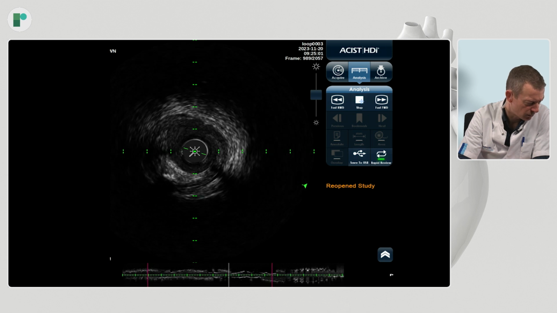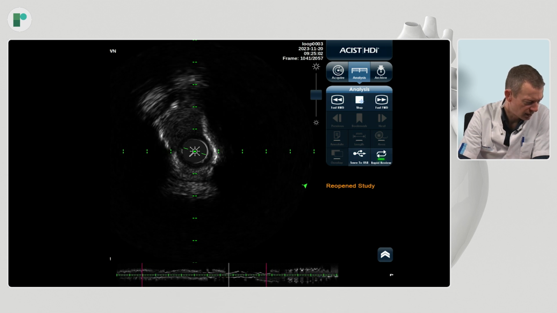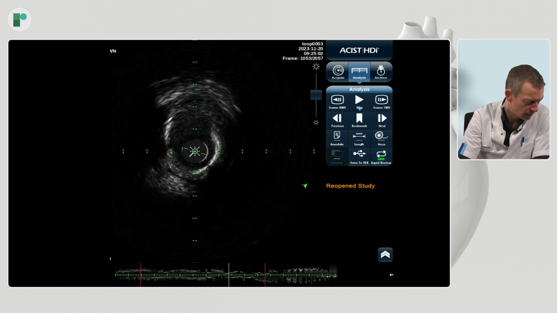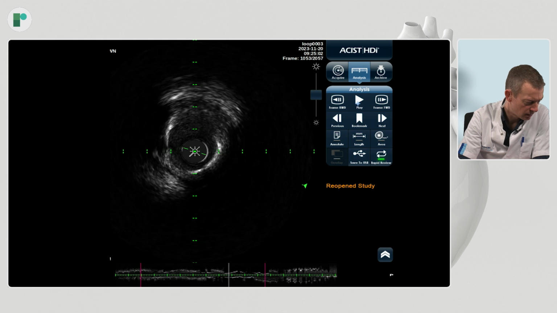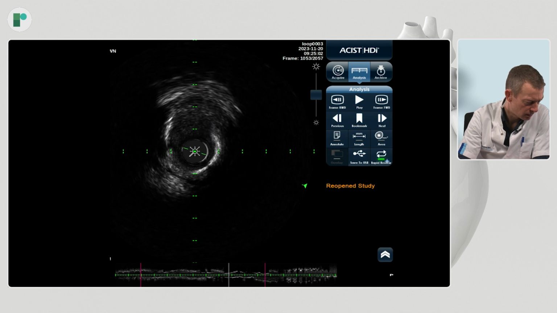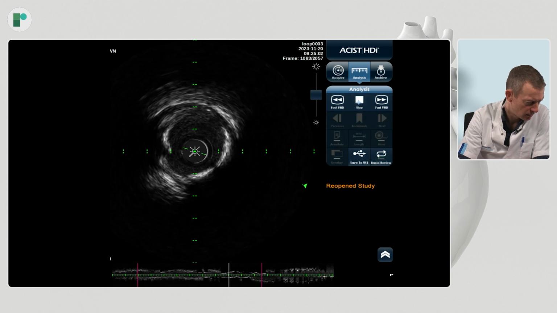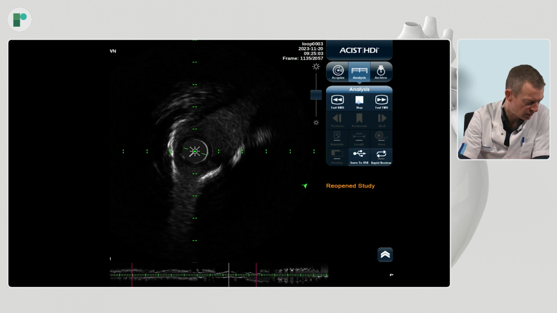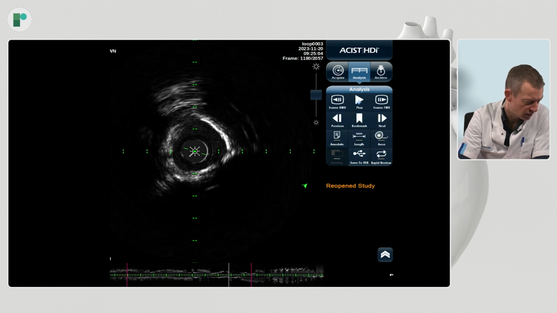The lumen already looks somewhat bigger. Here again you see eccentricity. Click play. There's the septal, the diagonal, and here you see the difference after the additional ballooning.